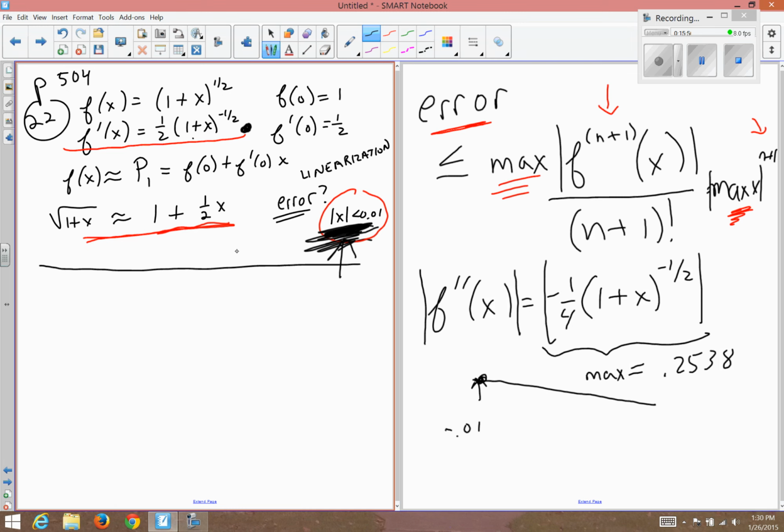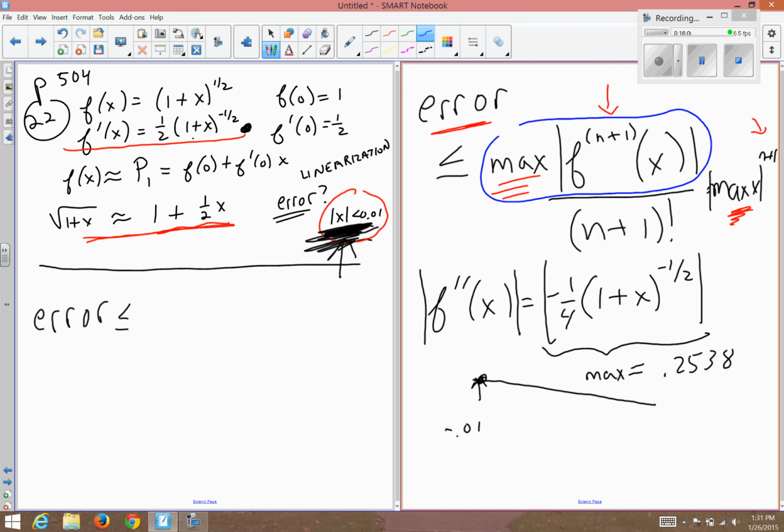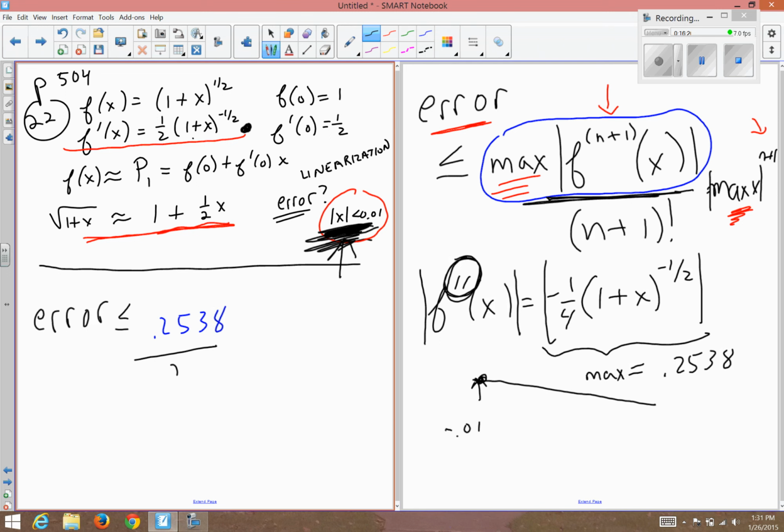So to answer this question, we're trying to estimate the error in the Taylor polynomial that was given. It'll be less than or equal to the biggest value that can be, 0.2538, over n plus 1, which is 2 factorial, times the maximum x.